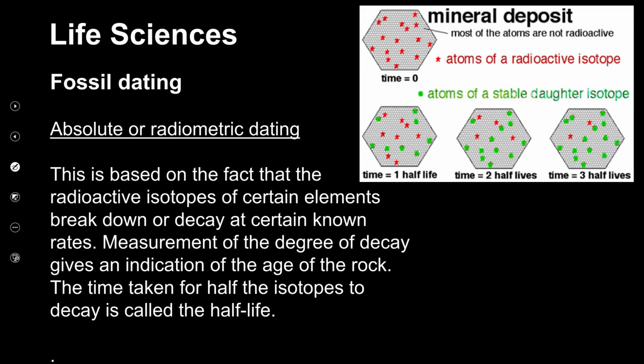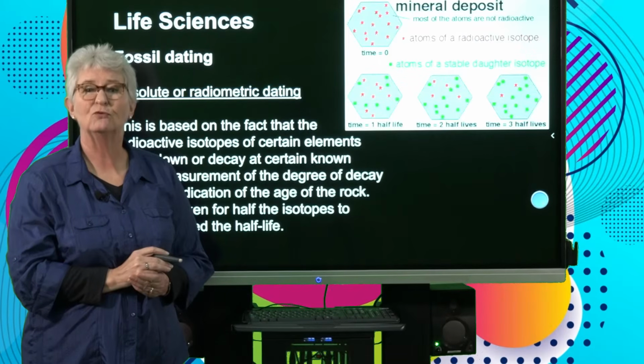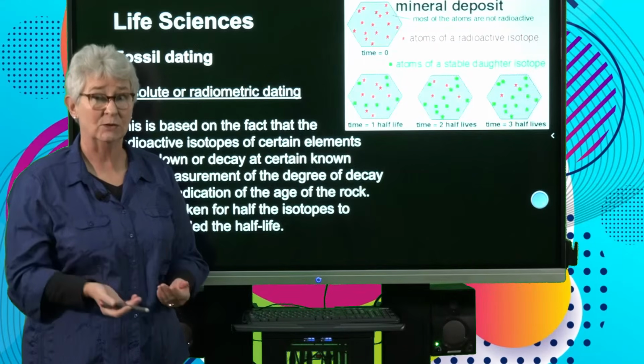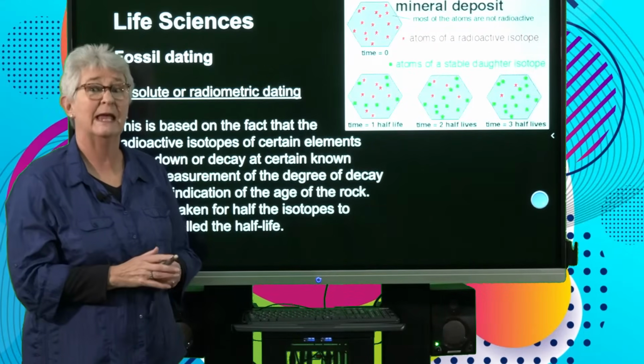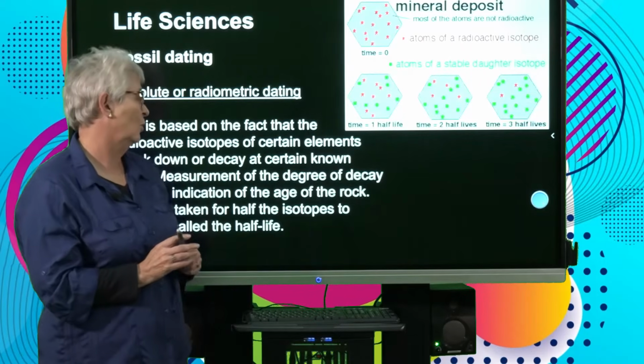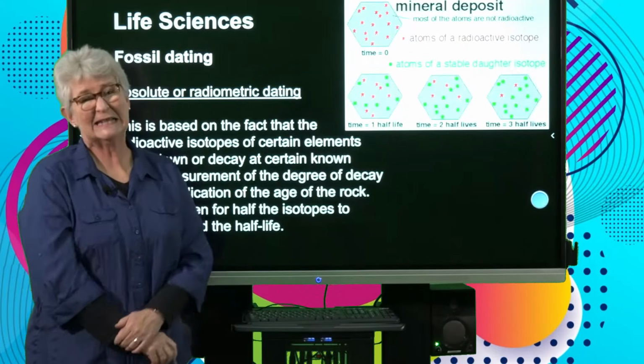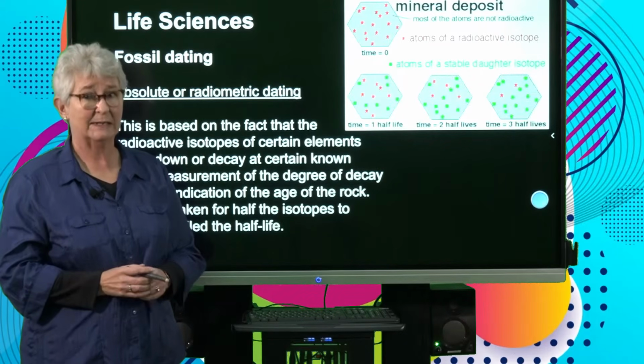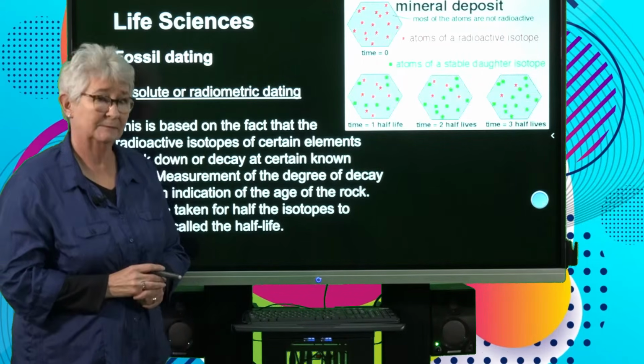The most scientific, the most accurate way of dating is called absolute dating. In other words, it gives you a figure, and it's also called radiometric dating because of the technique used to actually work out the age. This is more accurate, and it is a little bit complicated, so I'll try and explain it as simply as I can.